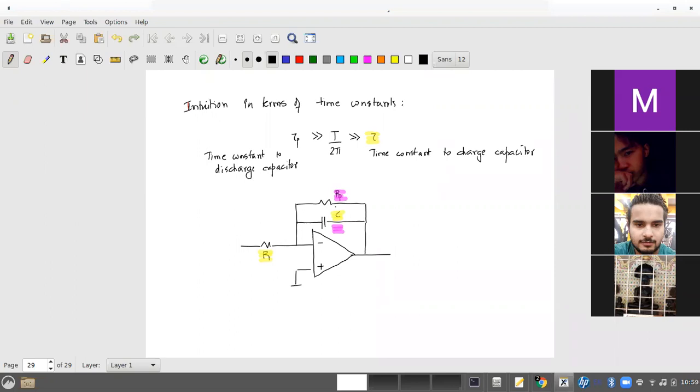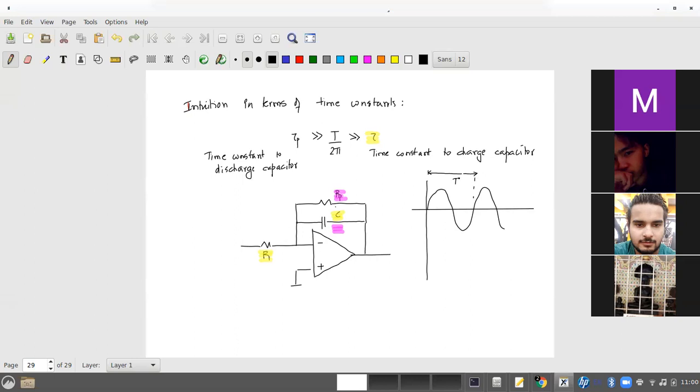So basically, if you want your circuit to work as an integrator, your input has some time period. Your input may be a sine wave with some time period. That is your time period.